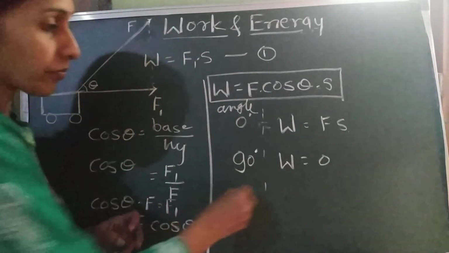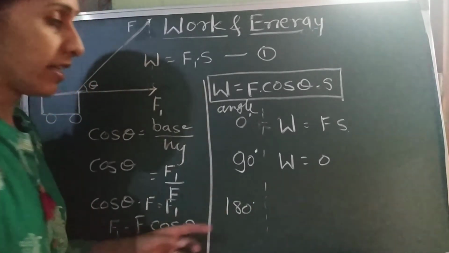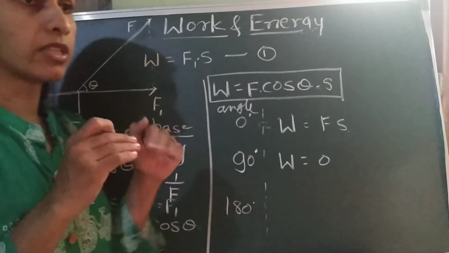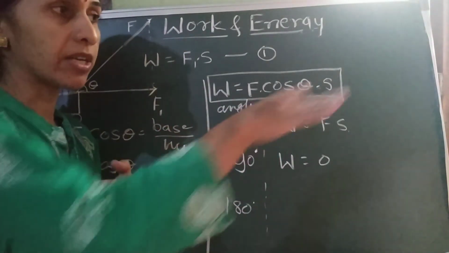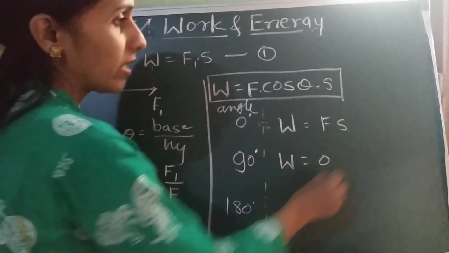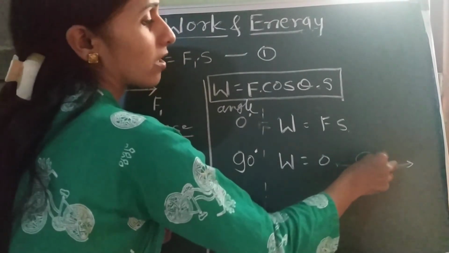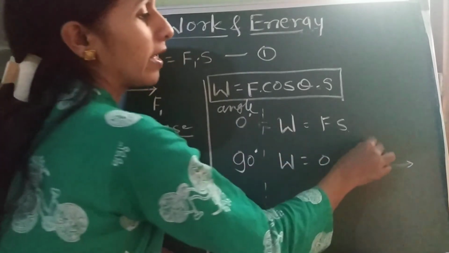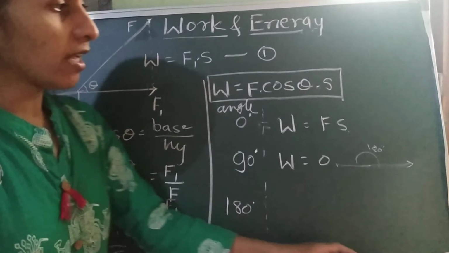And when you apply the force at 180 degrees, the force is applied in the opposite direction and displacement occurs in the opposite direction. When the force is applied in one direction and displacement occurs in the opposite direction, a 180 degree angle is formed.